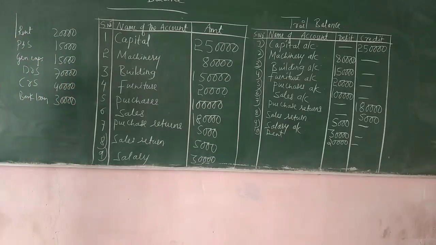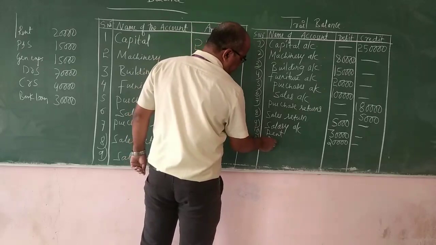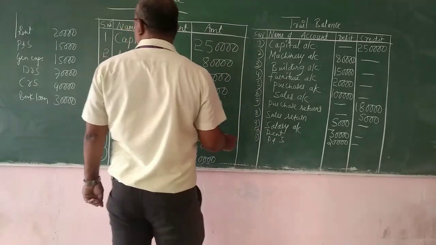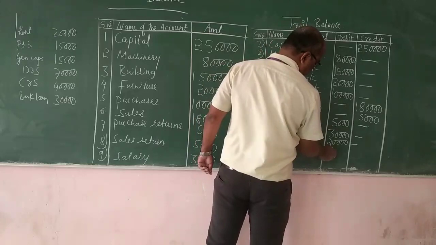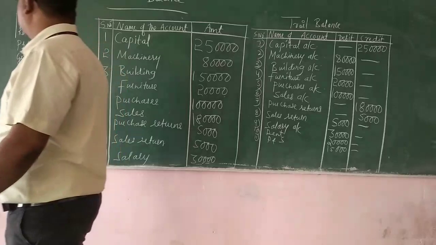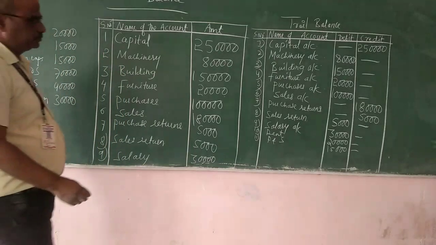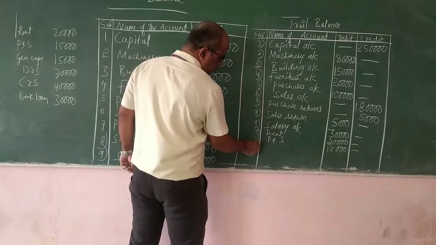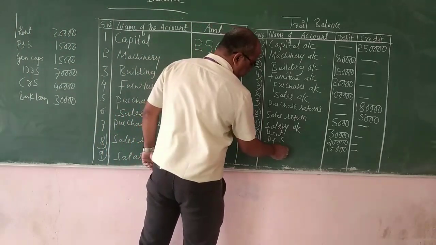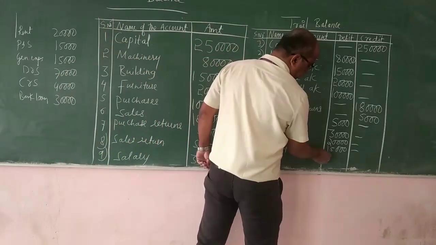Next is printing and stationery. Printing and stationery is recorded on the debit side. Next, general expenses. General expenses have to be recorded on the debit side.